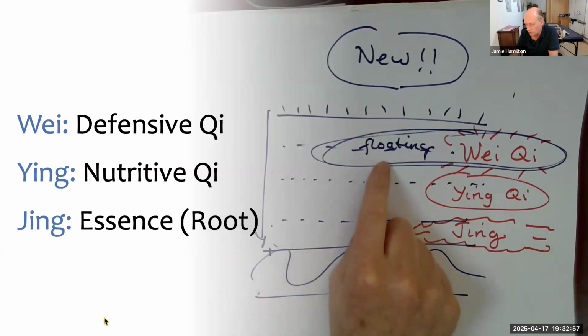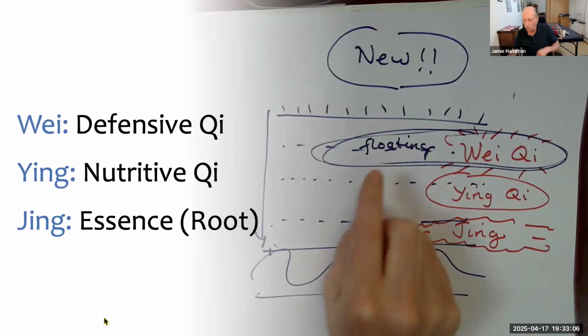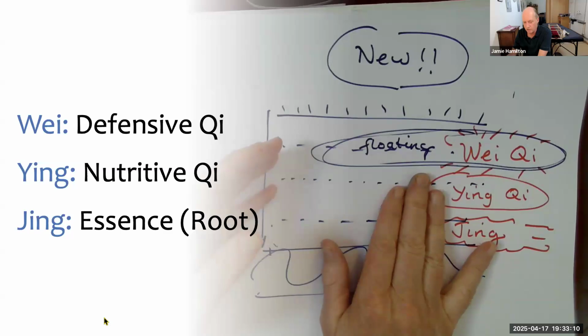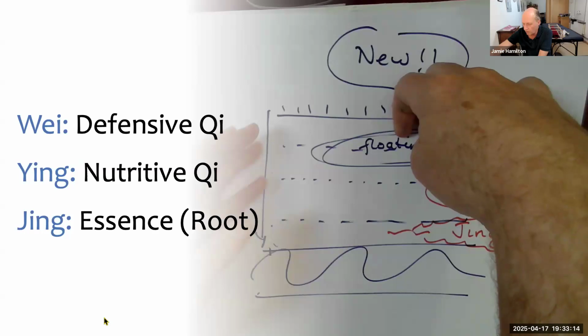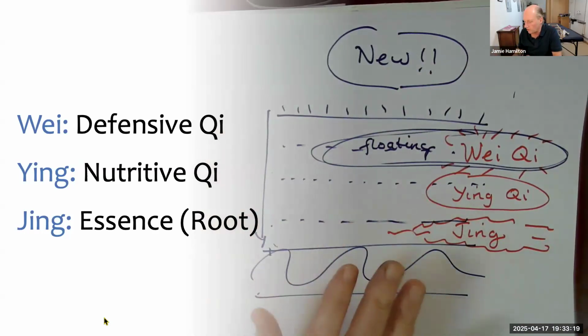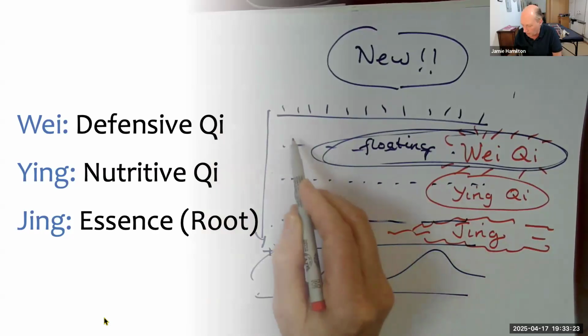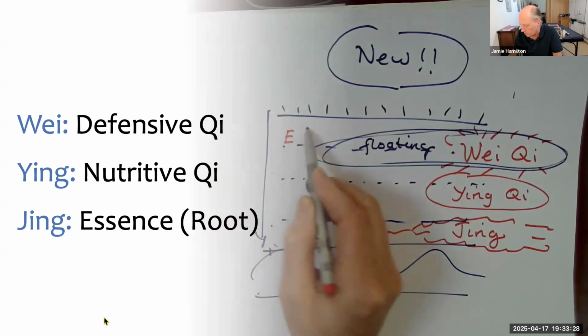So this is important to be able to realize. It's important to recognize a floating pulse in all of the pulse. So basically left and right, floating on the first layer is floating. That's important. By the way, floating is not the only thing you might find. The easiest way of doing this is just excess or deficiency, or forceful or forceless.